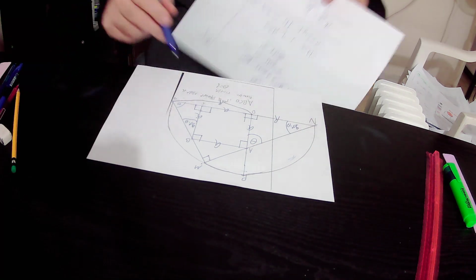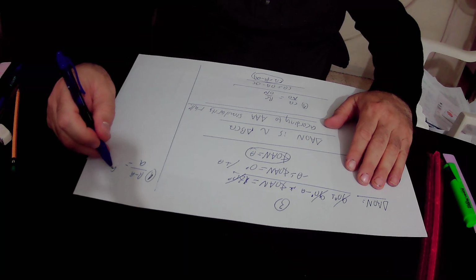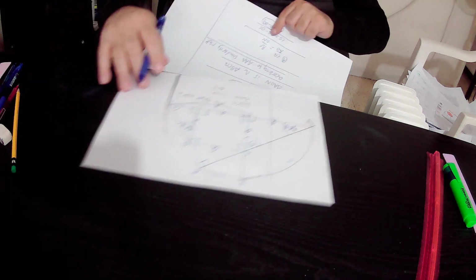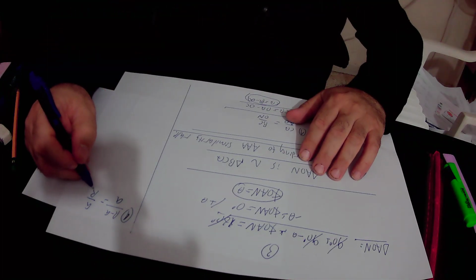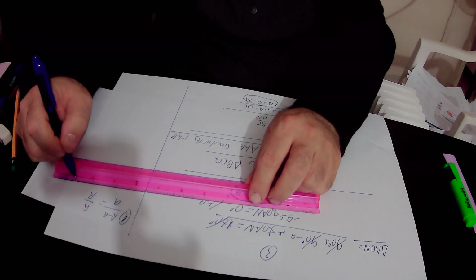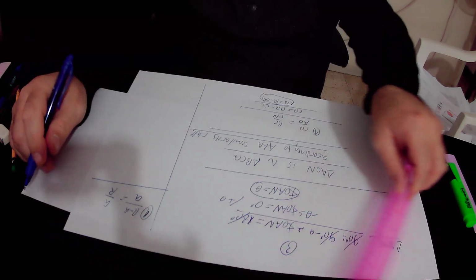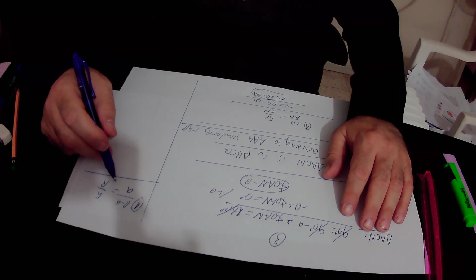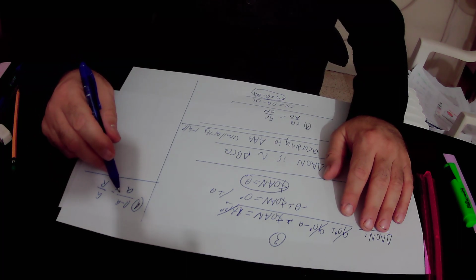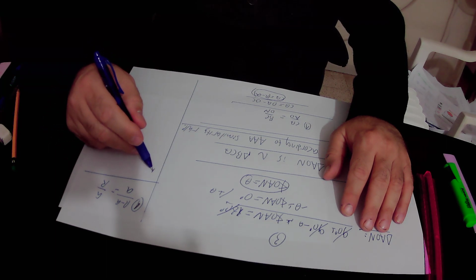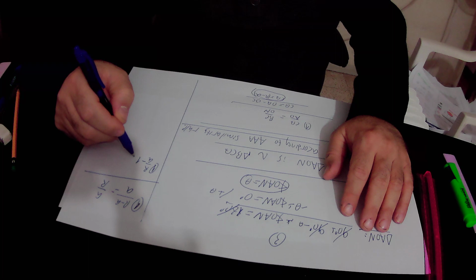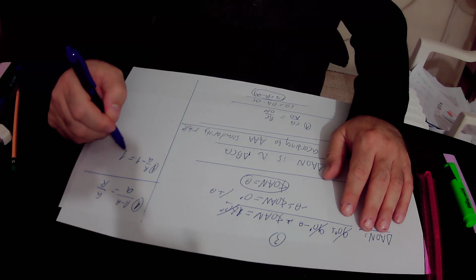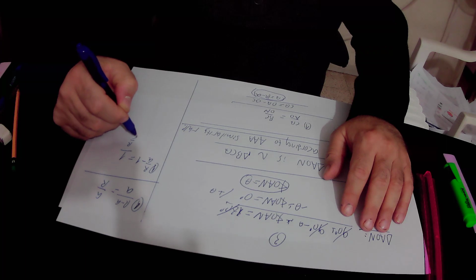BC is also equal to A. We have already found out that ON equals R. So R minus A over A equals A over R. We'll split this expression into two expressions. R minus A over A equals R over A minus A over A, that is minus 1, and it is equal to A over R, but A over R equals 1 over R over A.